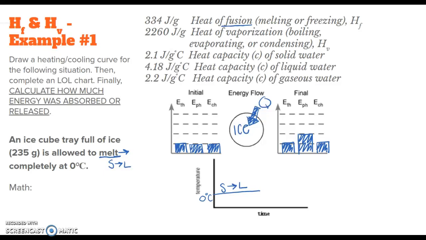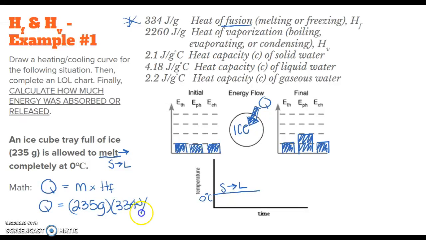Mathematically, we can actually find out how much energy is absorbed. We can use our equation Q, heat, is equal to mass times our heat of fusion for that particular substance. We have an unknown Q. We know that we have 235 grams of water, and the heat of fusion of water is provided in the question for us, 334 joules for every gram of water.